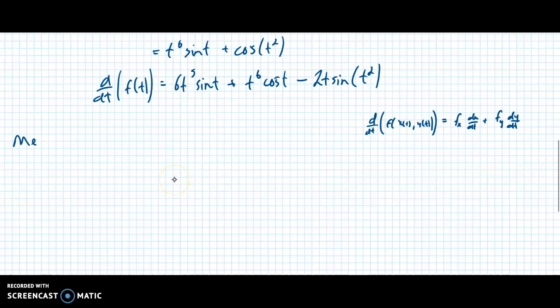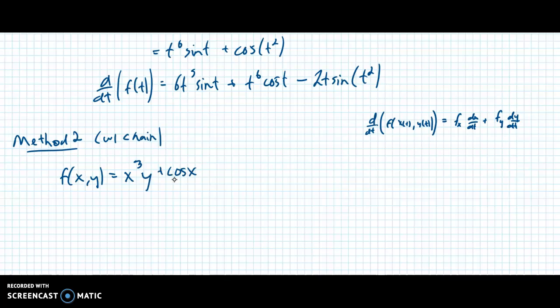So this is method 2, with chain. So the more complex chain up there. So let's look. f of x comma y is equal to x cubed y plus cosine x.